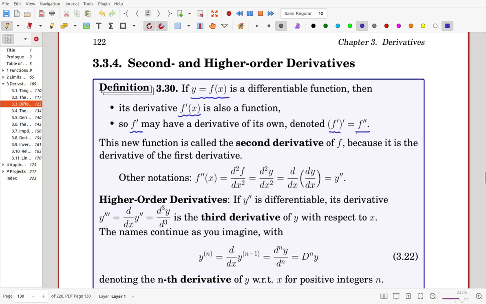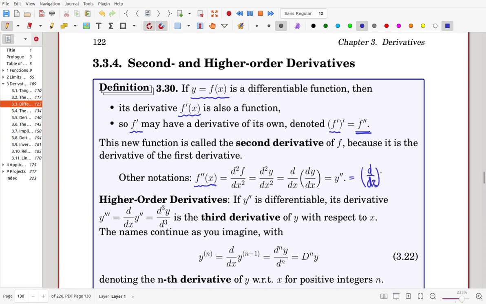So we can write it like this, double prime. That is called the second derivative of f. In notation we can write f double prime at x, or d squared over dx squared of f, or y, and like this d over dx and one more time d over dx, or y double prime.